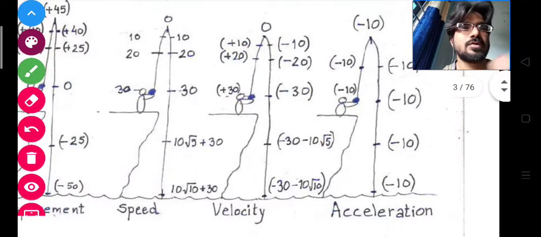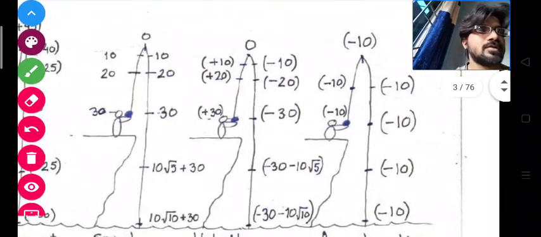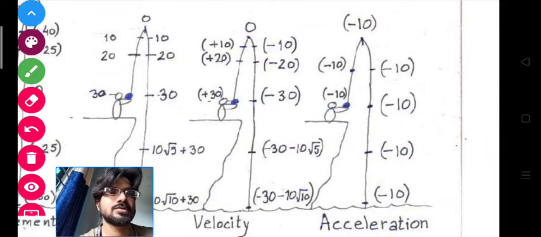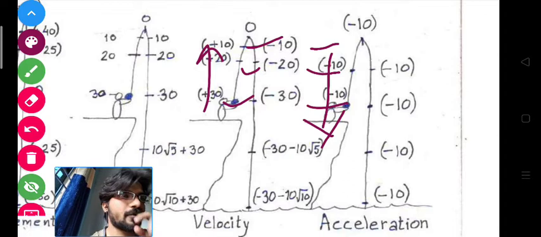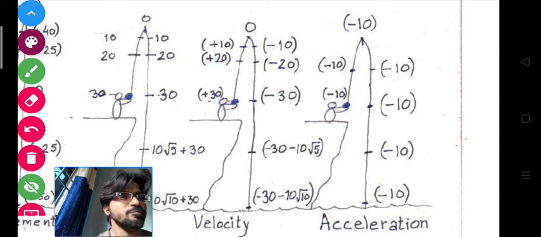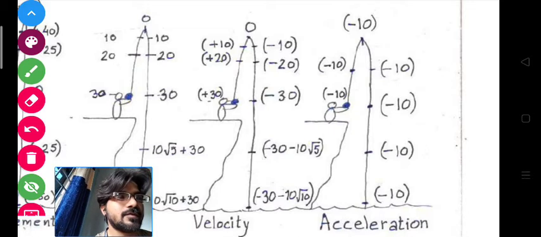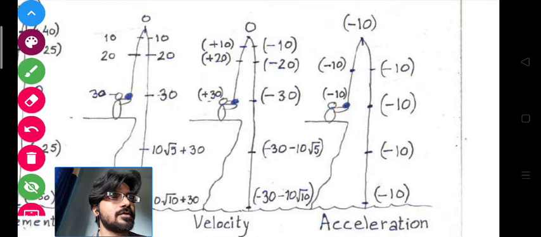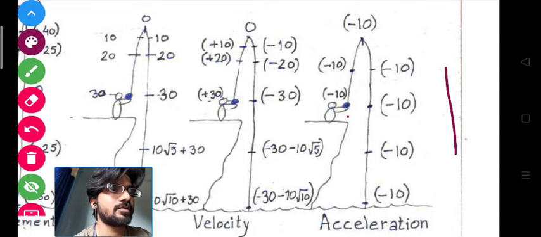Now we will see about the acceleration. While studying acceleration, you have to consider that at every point after it has lost its contact with your hand, the force at which the earth is attracting the body is downward.